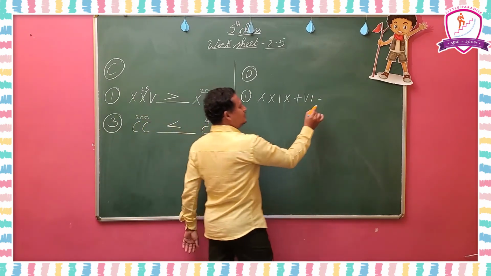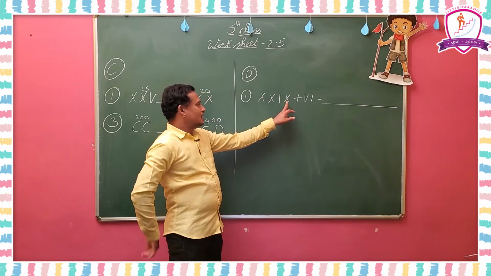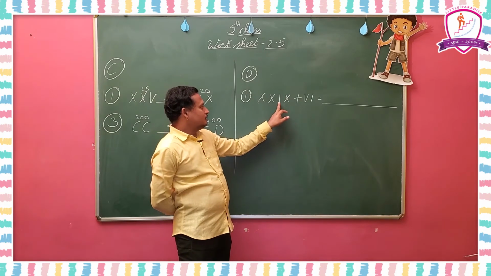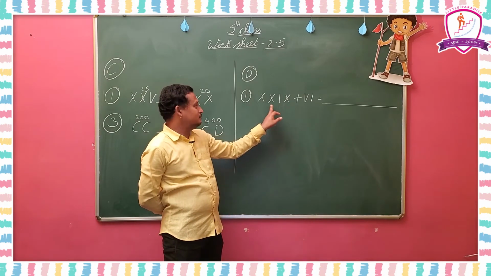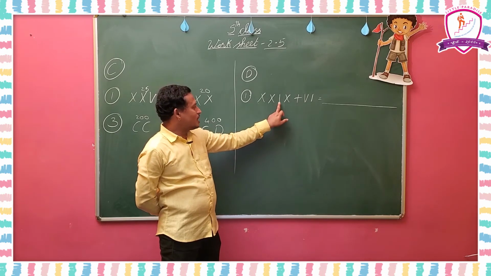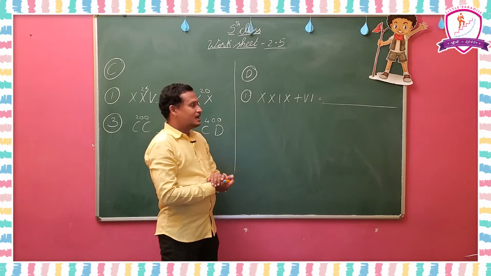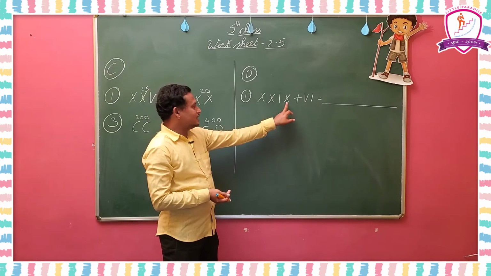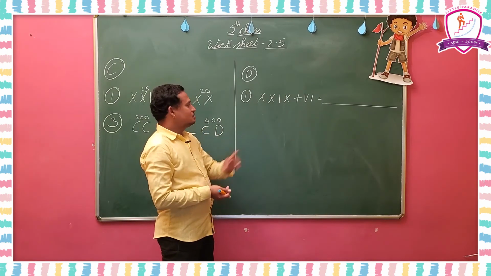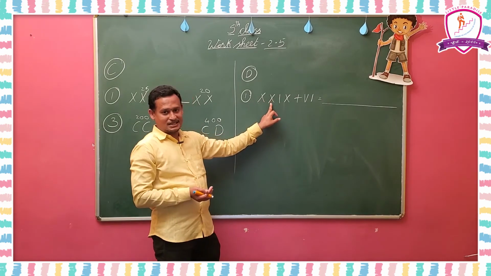So first convert this. IX means a small symbol placed between two greater symbols, so what do we have to do? This small symbol must be subtracted from the right side greater symbol. So here we should not add this 1 to this X. Okay.